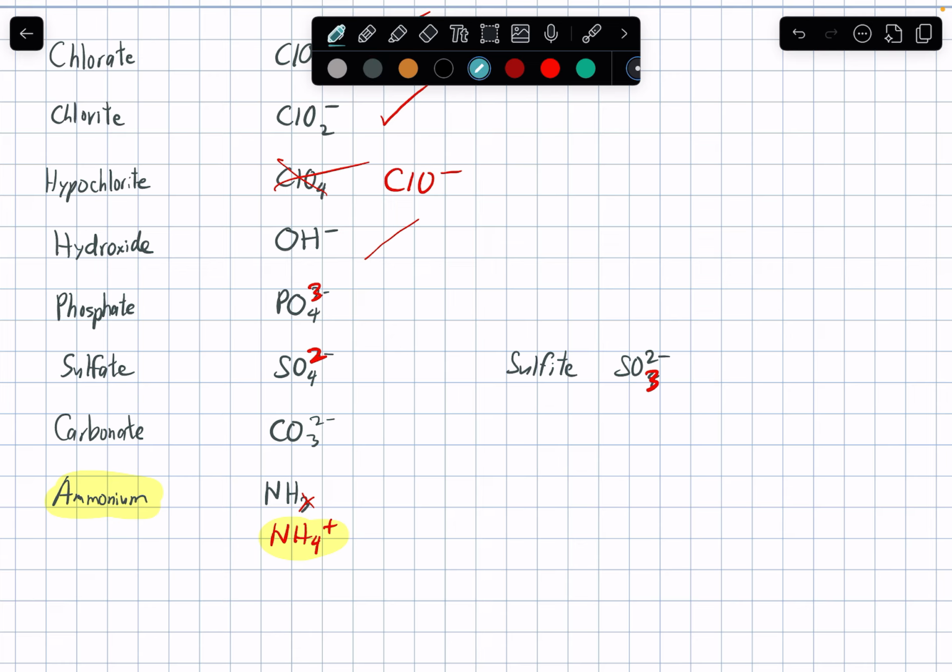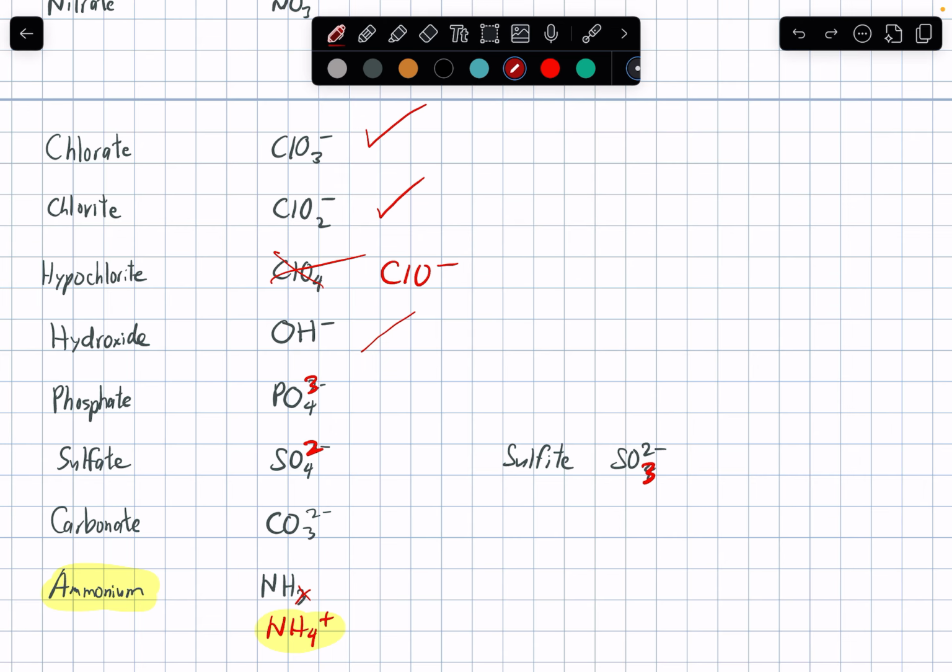Carbonate and sulfite both have a subscript of 3. That's one way to remember. Phosphate and sulfate both have a subscript of 4. Sulfate and carbonate both have a charge of negative 2. Actually, also sulfite. The only difference between sulfite and sulfate is the subscript, but the ionic charge is still the same. It's only phosphate that has a 3.